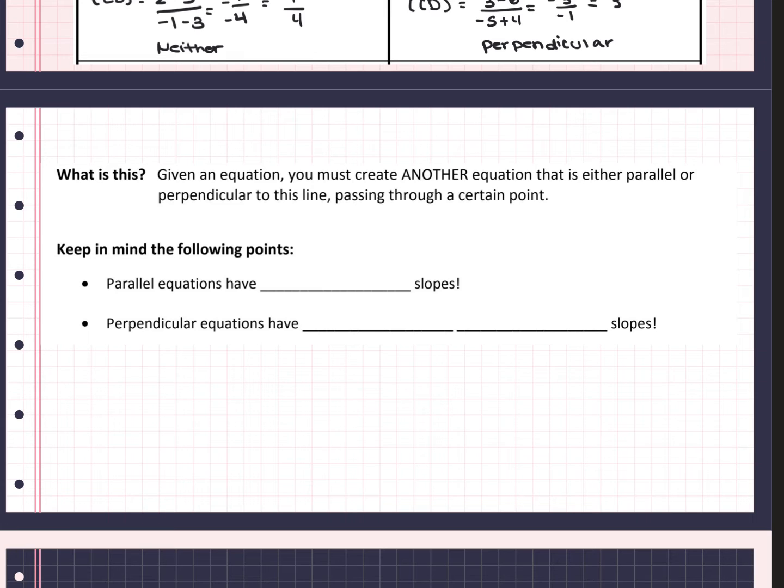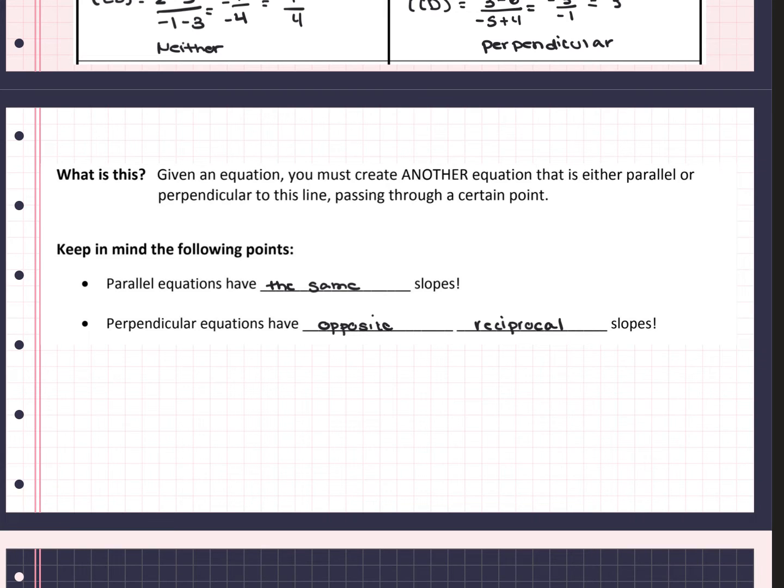So the key reminders here: parallel lines have the same slope. Perpendicular equations have the opposite reciprocal. You have to keep those things in mind when we are writing equations.